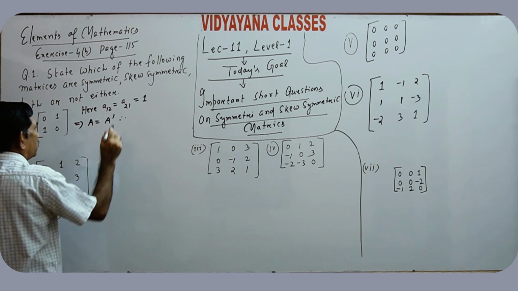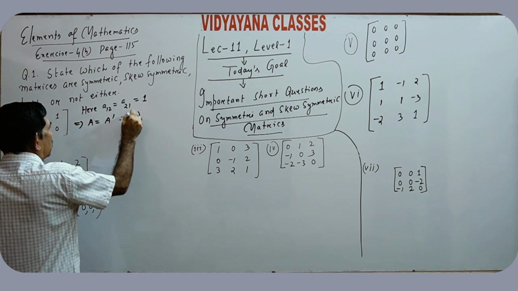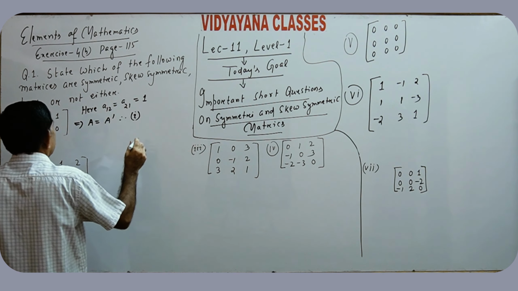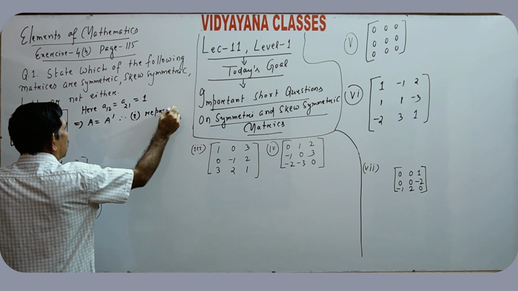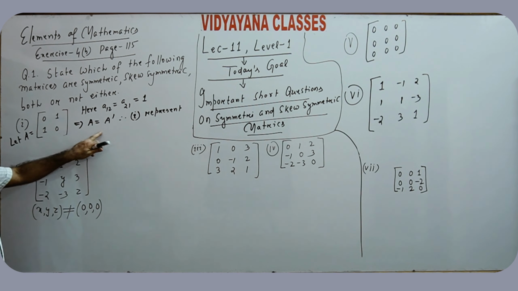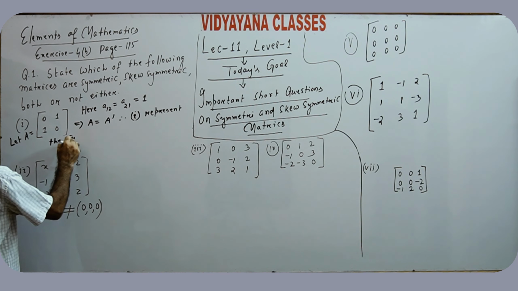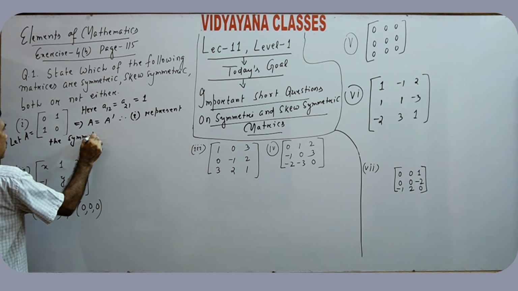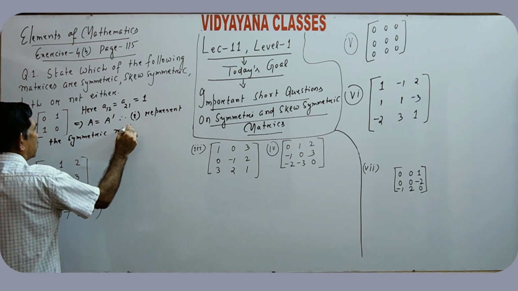Therefore, A is equal to A transpose, so A represents a symmetric matrix.